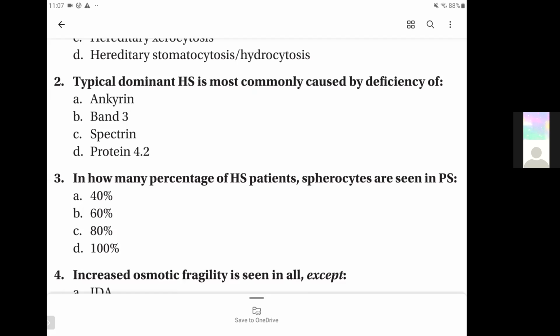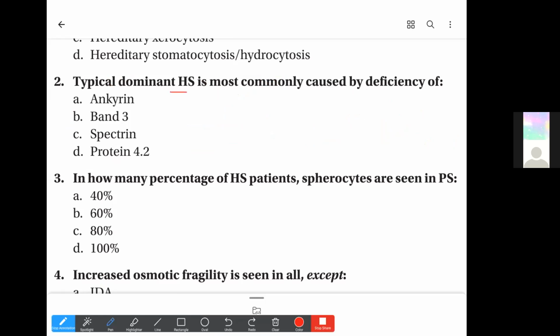With this we need to know not only the inheritance, because hereditary spherocytosis can present with autosomal dominant and autosomal recessive traits, but there are also other forms.